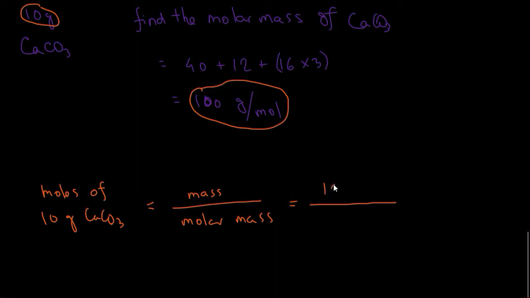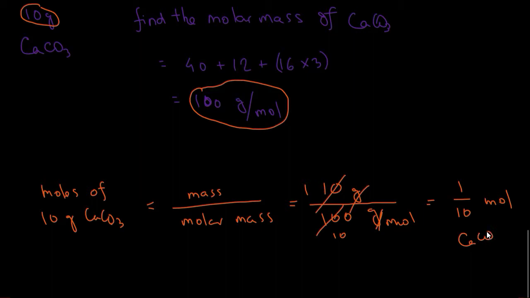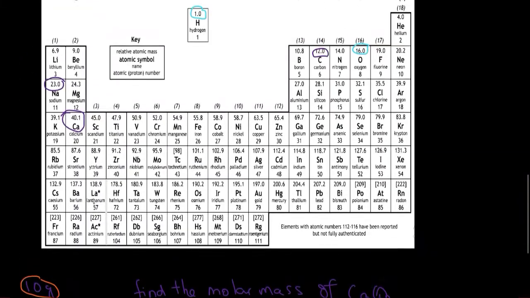So mass is grams. The molar mass is 100 grams per mole. Grams cancel out. Simplify this. This is 1/10. So it's like 0.1. Anyway, I'll just leave it in the fraction. So 1/10 moles of CaCO3. So that's how we're going to calculate the moles using the first method.